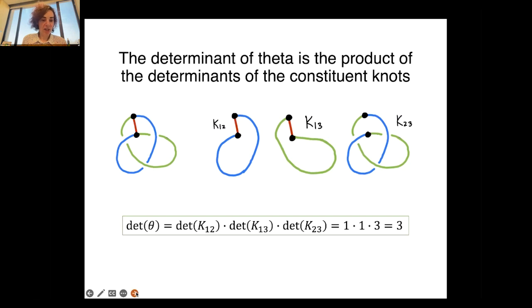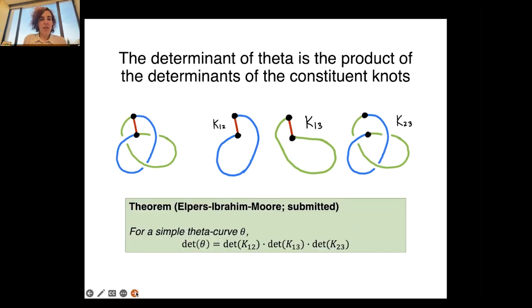That is not a definition, but rather the application of what we proved. So what we proved was that if you have a simple theta curve, then this formula that I just applied holds. So for a simple theta curve, the determinant of theta is the product of the determinants of the constituent knots.